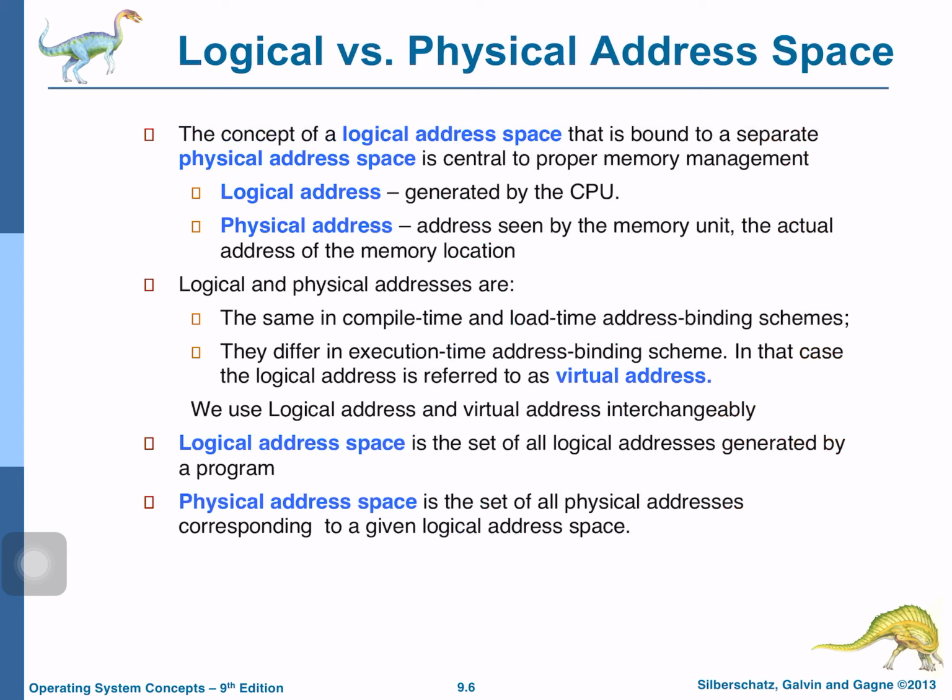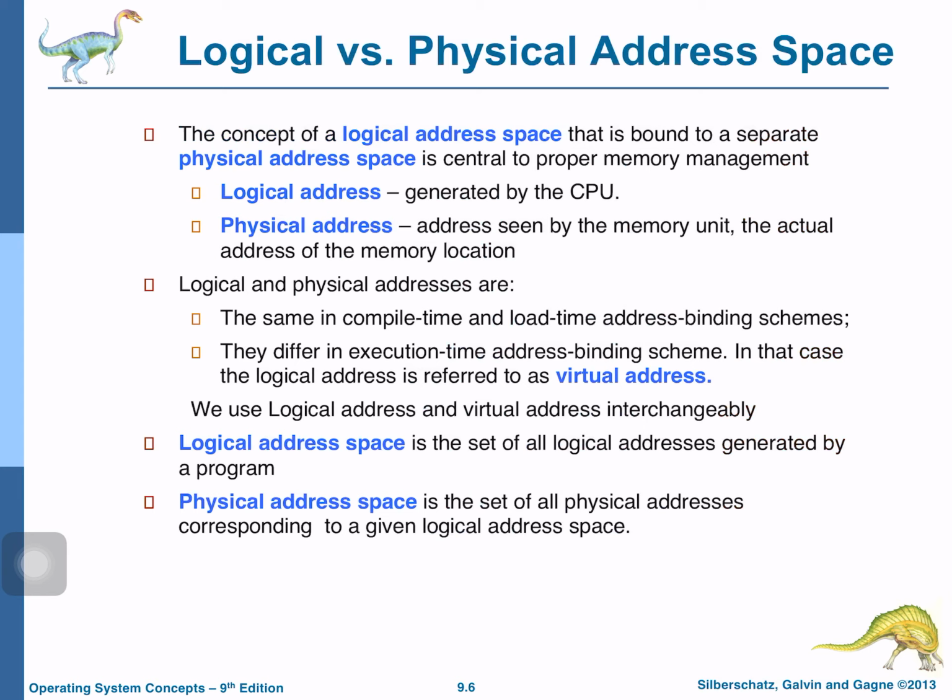Keep in mind, the logical address space is what is generated by the CPU for the program. And the physical address space is the actual location of the program in the memory. So that is the physical address of the memory. Logical is just what is being defined by the CPU for that particular program.